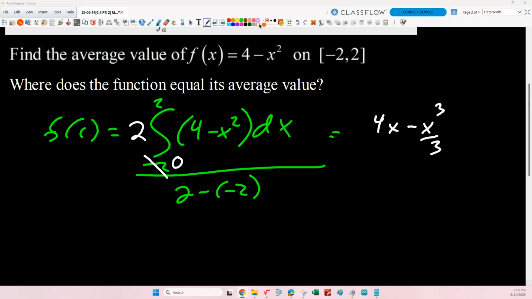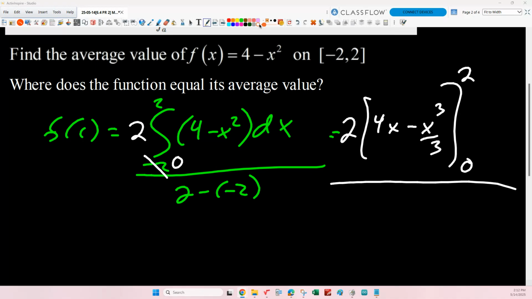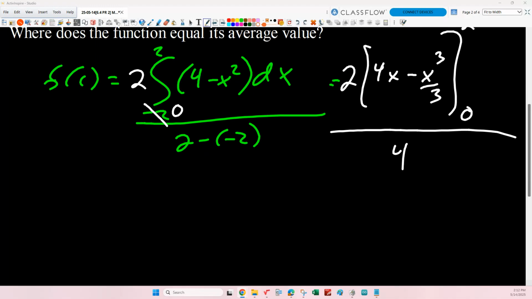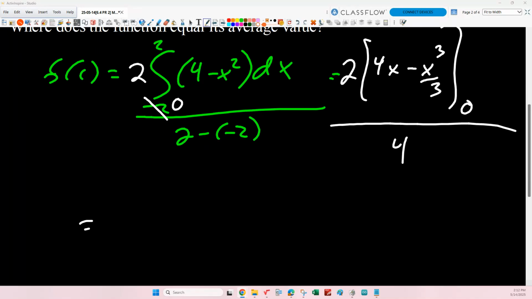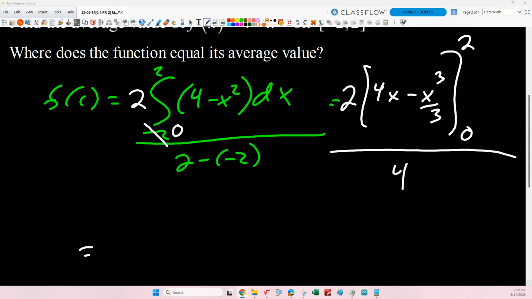Okay, so then this is going to give us 2 times that antiderivative, sorry, from 0 to 2. Well, what's the value of that at 0? Yeah, see how easy that is? So then we're just going to get, and all that is over 4, right? So then what is that? If I evaluate this whole expression at 2, what am I going to get? 8 minus 8/3.